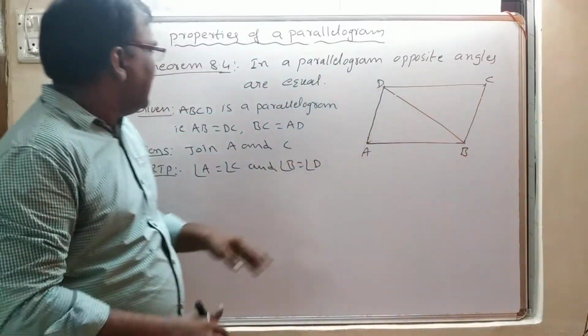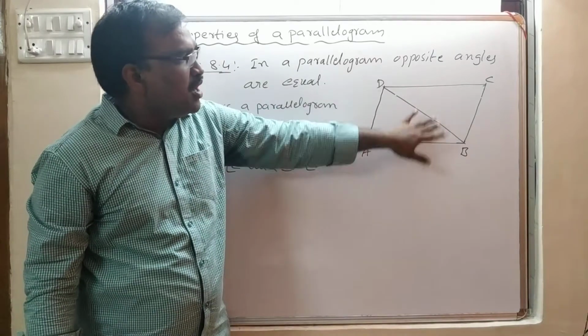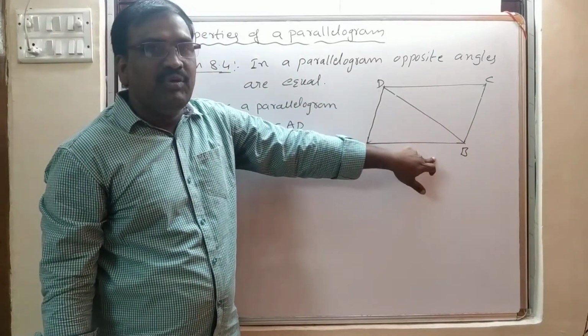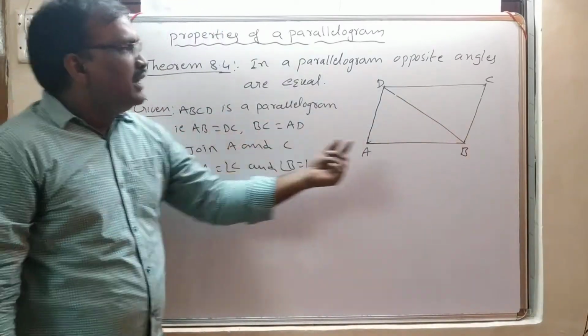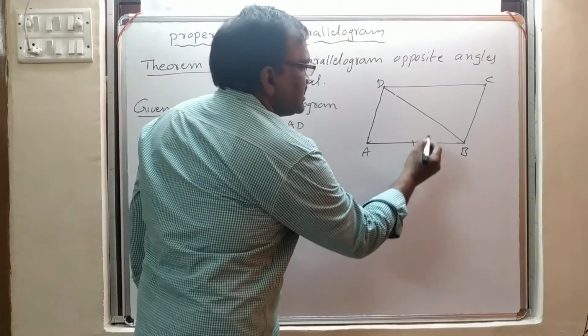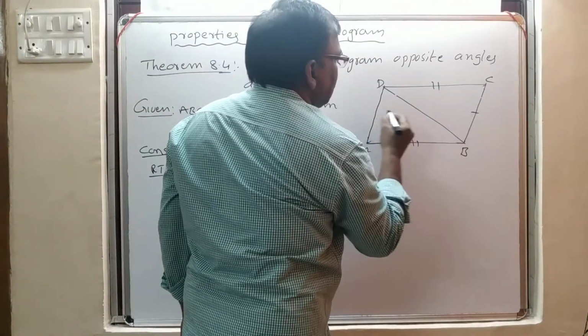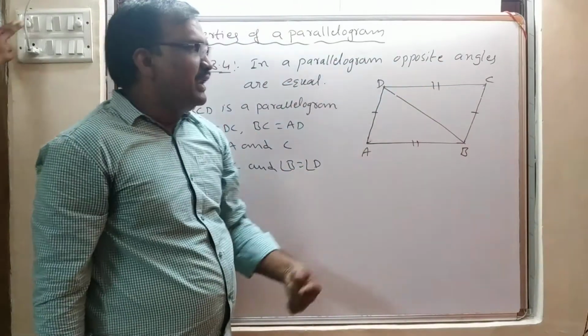Given ABCD is a parallelogram. Once it is a parallelogram, the opposite sides are equal, already proved above. So AB is equal to DC and BC is equal to AD.